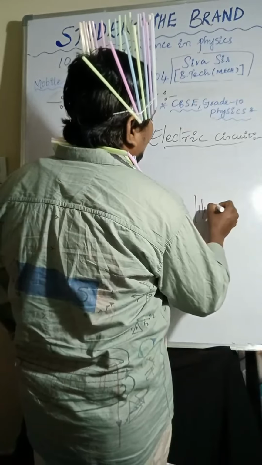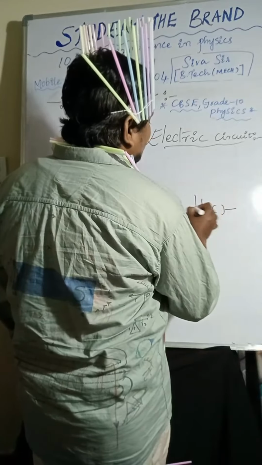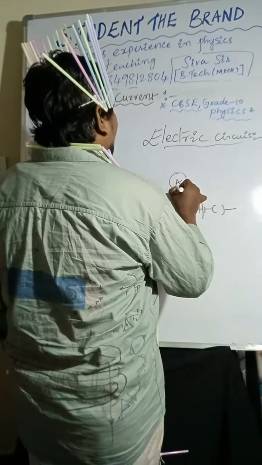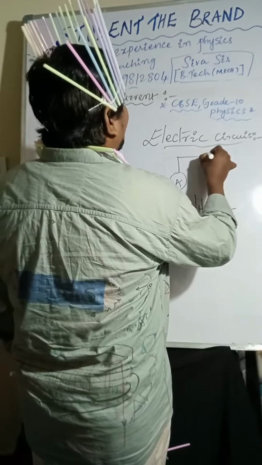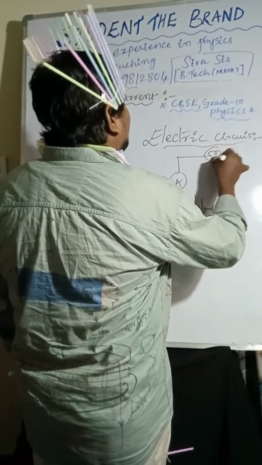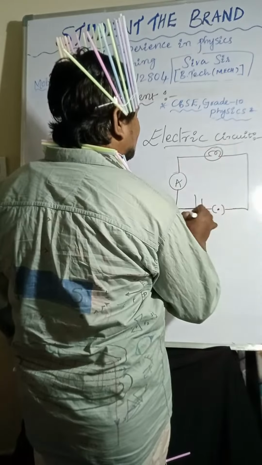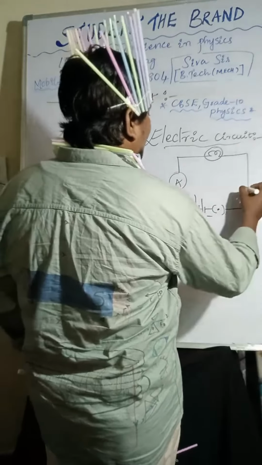Cell, battery, switch, ammeter, bulb, open switch, closed switch, current is passing.